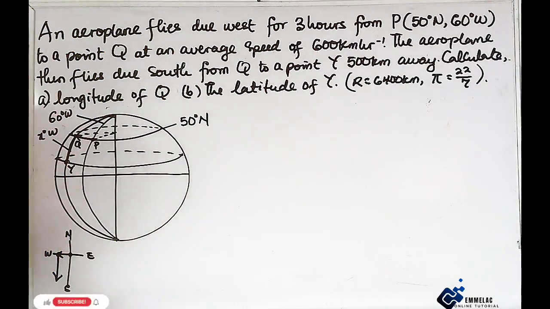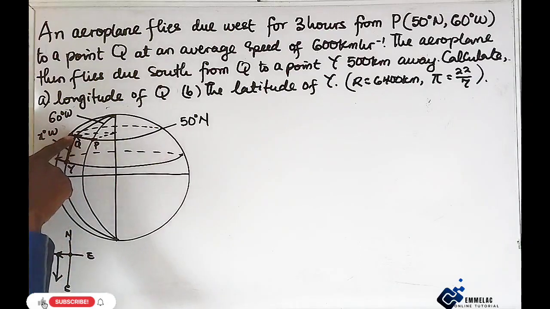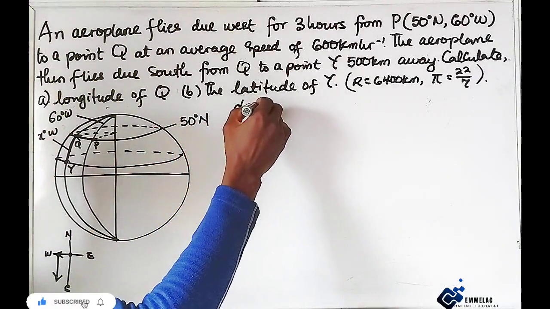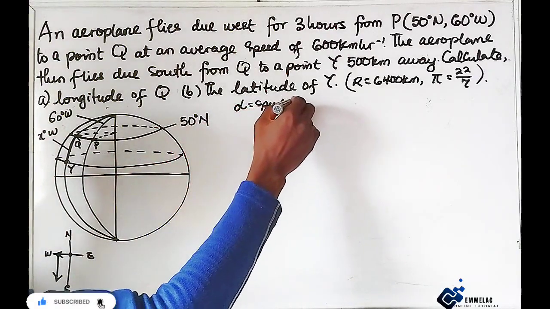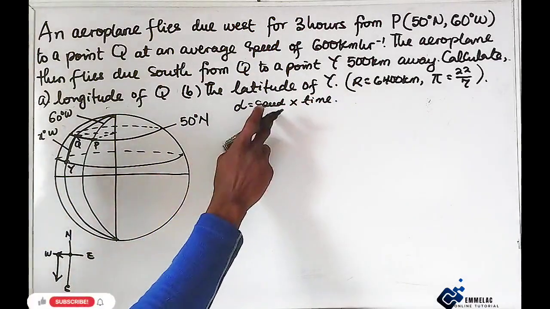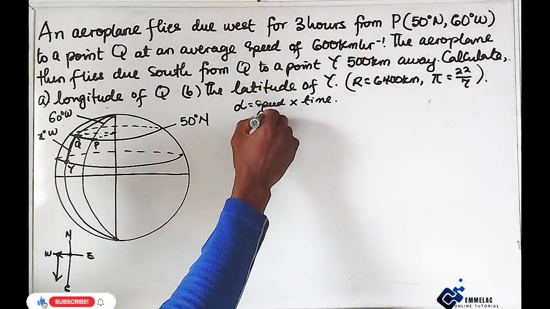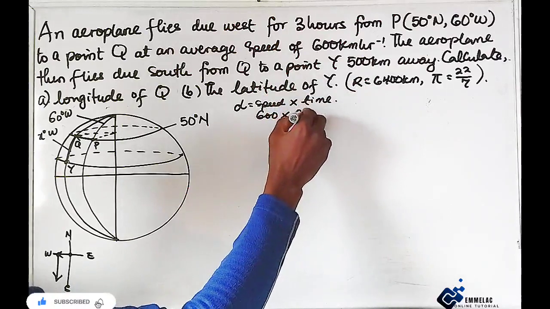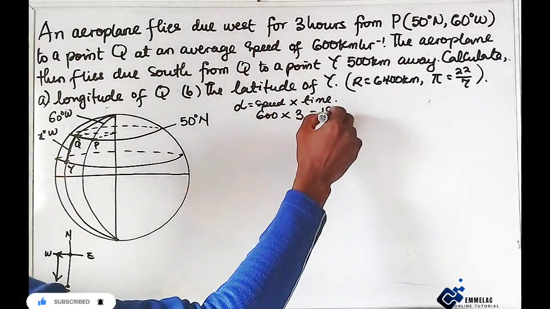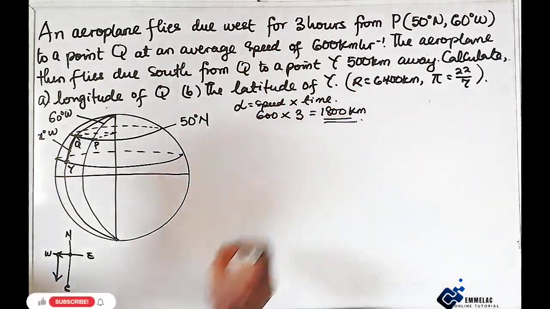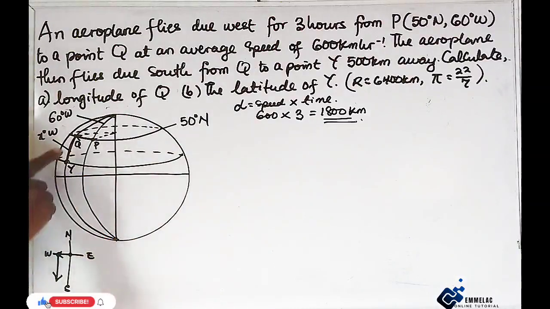First of all, let us calculate the distance between P and Q. Basically we know that distance is the product of speed times time. For the speed here we have 600, times 3, so our distance will now be 1800 kilometers. And that distance is from P to Q.